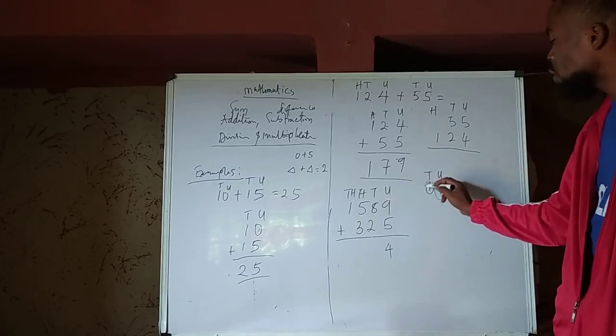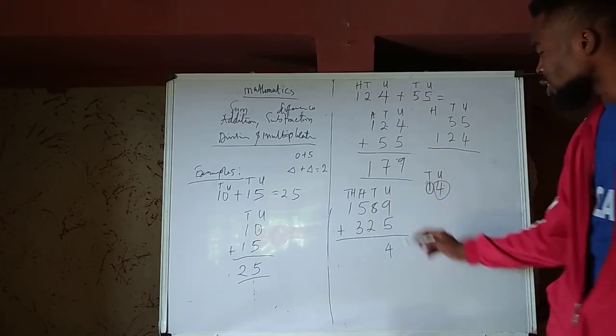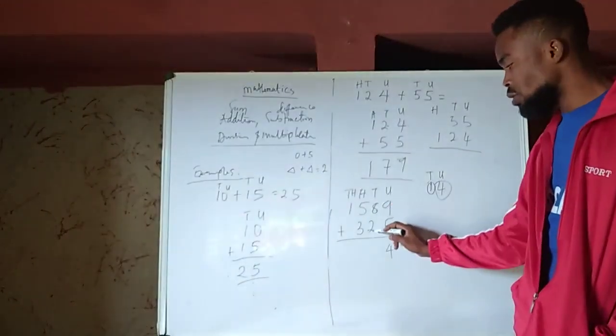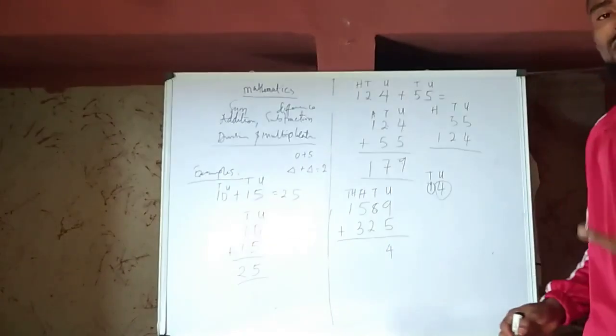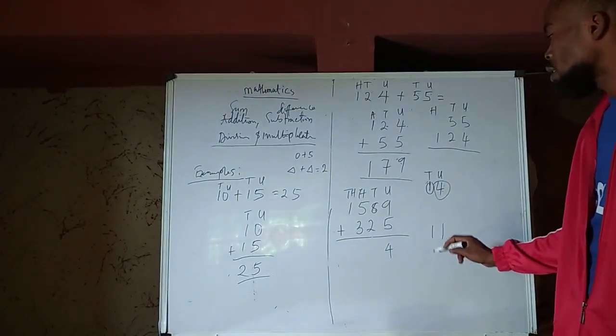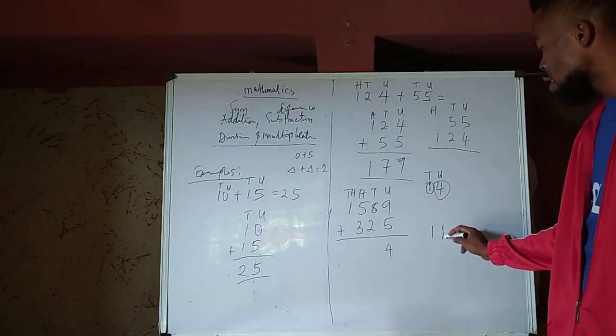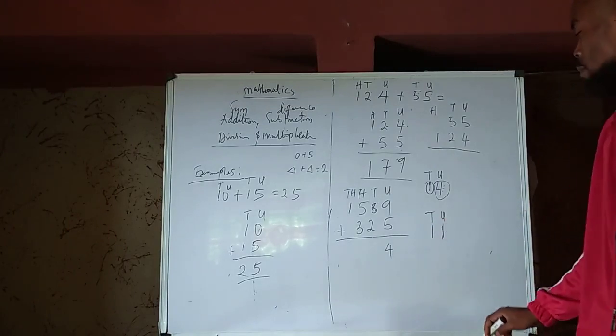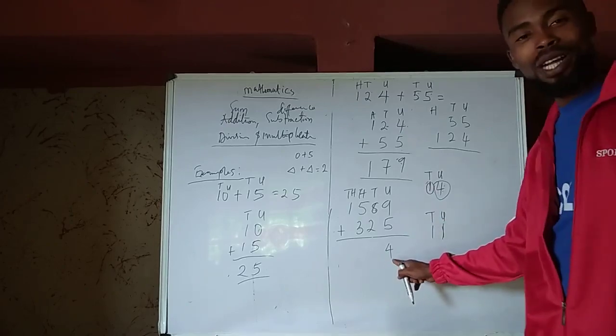When we take 1 to the tens, we add it to the 8, it becomes 9 plus 2, which gives us 11. So we have another 11. The 11 that we have here is still units and tens, but we are not going to come back to the unit.